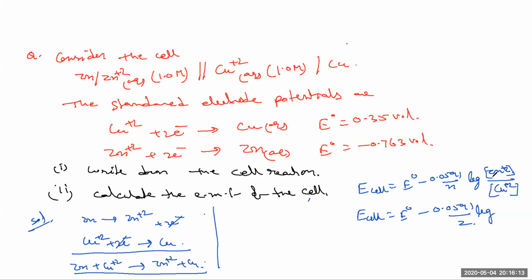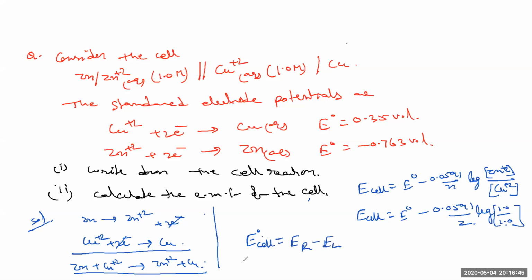the concentrations given in the cell notation: 1.0 divided by 1.0. Both are 1.0, so 1 cancels. You know log 1 value is 0, so the entire term becomes 0. Therefore E cell is equal to E naught. So the E naught, or EMF of the cell, is equal to ER minus EL.